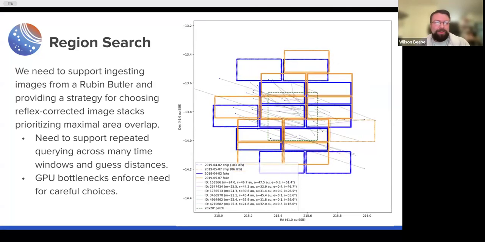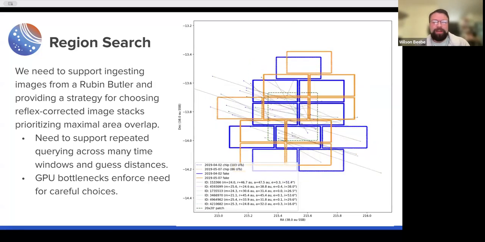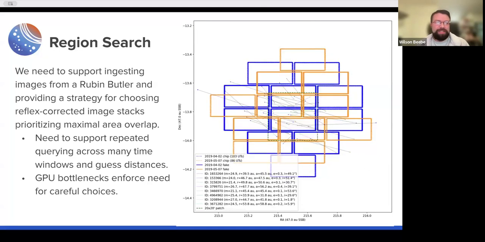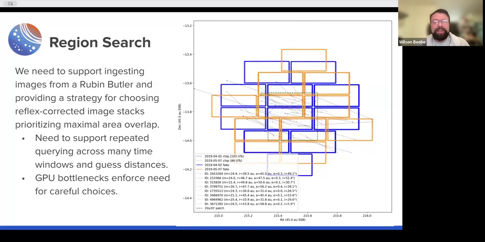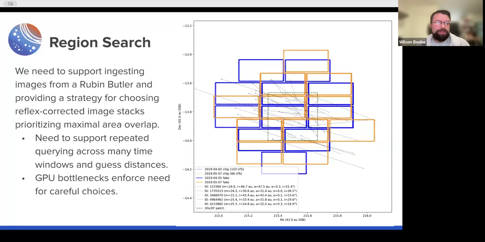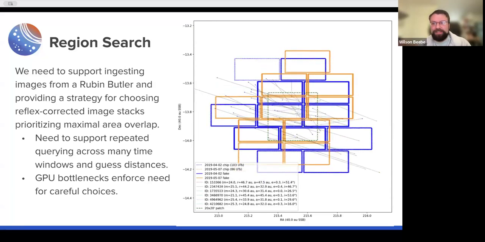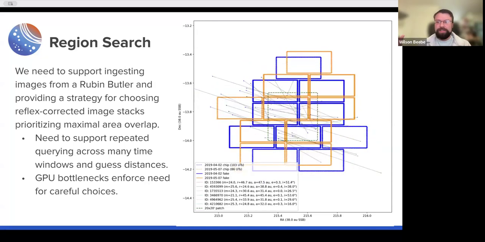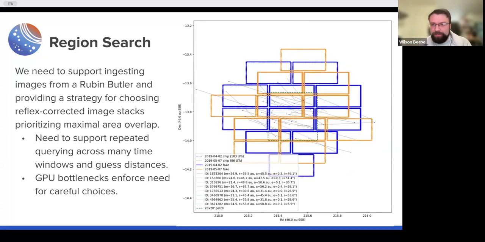So as Max outlined, we've added significant computational complexity because not only do we have to, when deciding where to search, need a given time frame, need a given subset of sky to search in, we also have to consider the range of guess distances. And we basically now have the problem of we need to be able to support ingesting images and their metadata from a Rubin butler, provide some sort of strategy for figuring out amongst the reflex corrected images, how do we stack them on top of each other to maximize overlap?